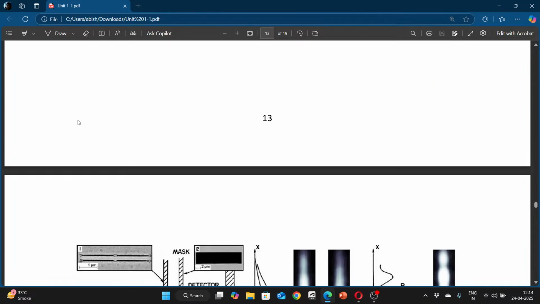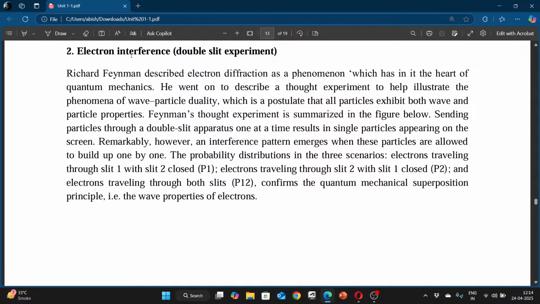Electron interference, the double slit aspect, Richard Feynman, described electron diffraction as a phenomenon which has in its heart quantum mechanics. He went on to describe a thought experiment to help illustrate the phenomenon of wave-particle duality, which is a postulate that all particles exhibit both wave and particle properties.